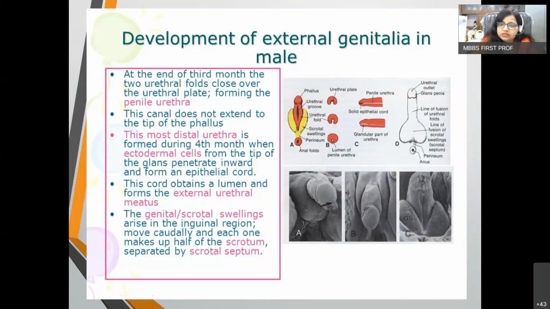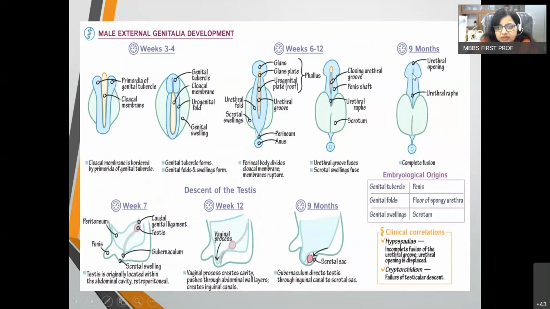This canal does not extend to the tip of the phallus. This is the penile urethra, and this one is the glandular part of the urethra. Initially, it is solid. This is exactly the developmental stage of male external genitalia.